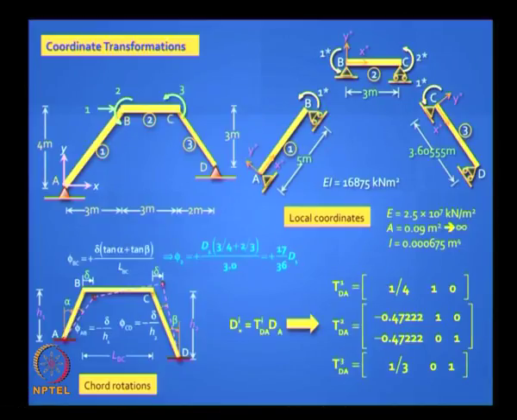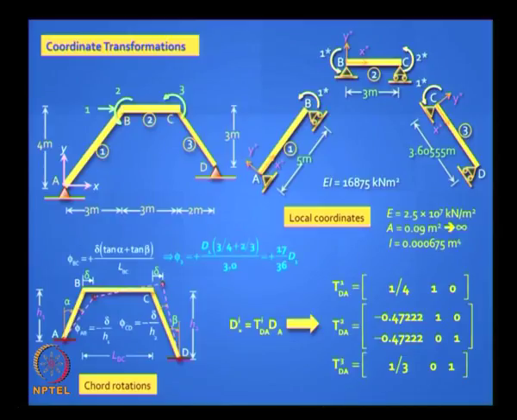The same is true for element 3, so you get 1 by 3 because the height is 3 meters. As far as element 2 is concerned, it is 27 by 36, right? We just worked it out.